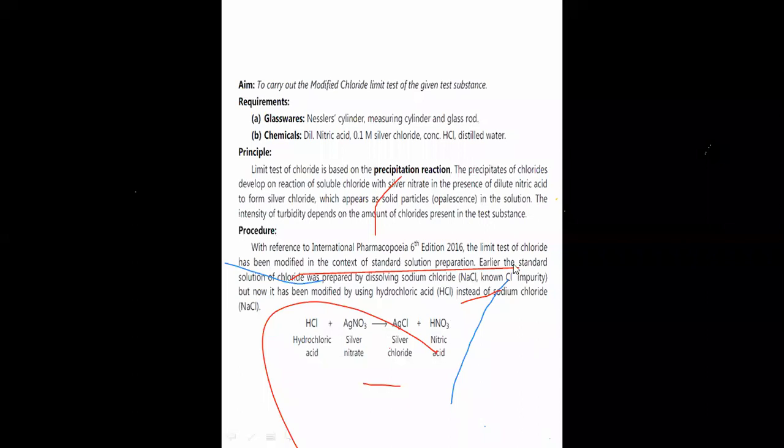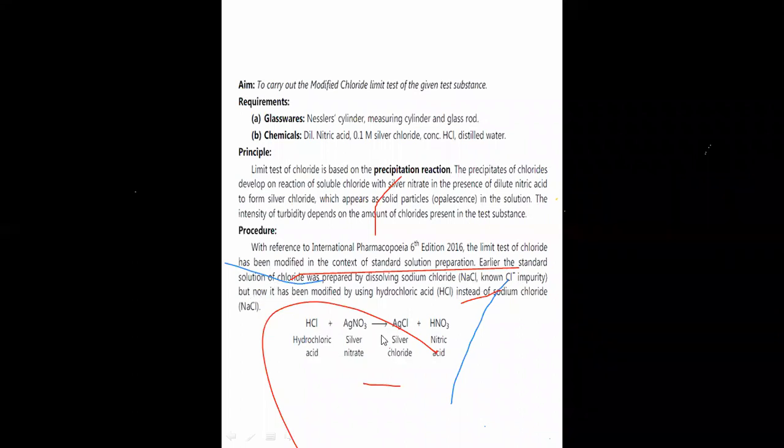Now, what modification have we done? Earlier, the standard solution of chloride was prepared by dissolving sodium chloride, in which known chloride is present as an impurity, but now it is modified by using hydrochloric acid instead of sodium chloride as the source of chloride ion impurity.